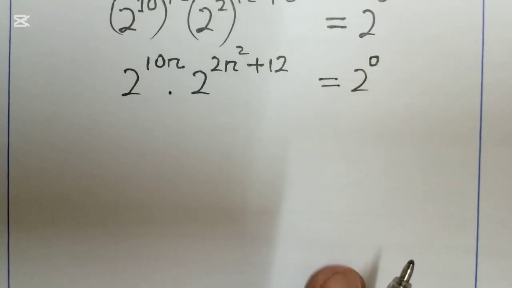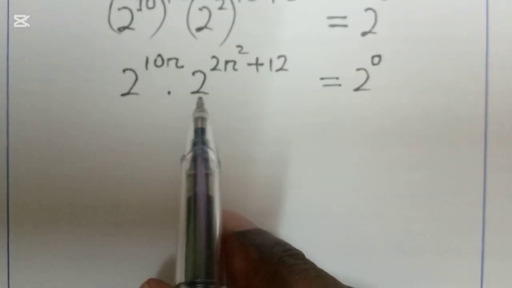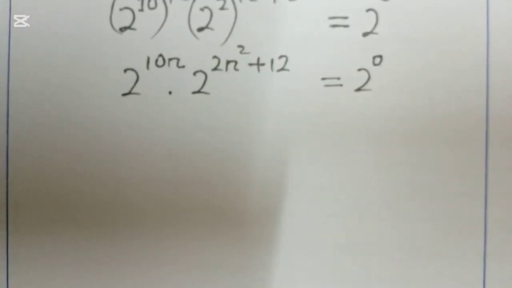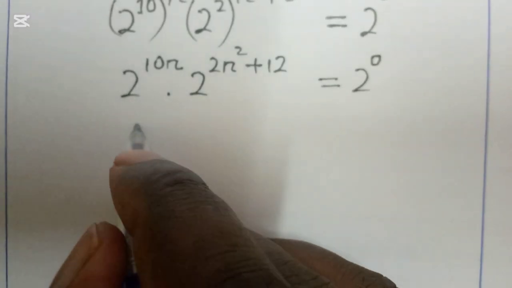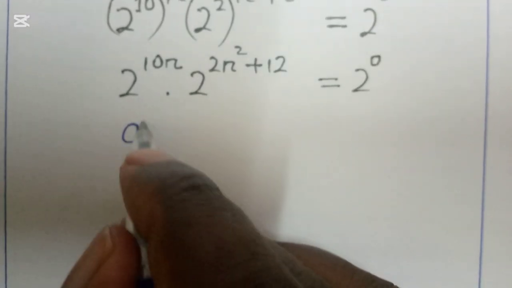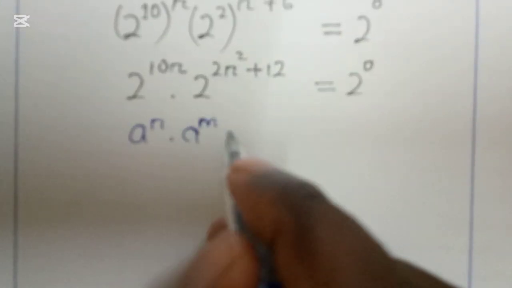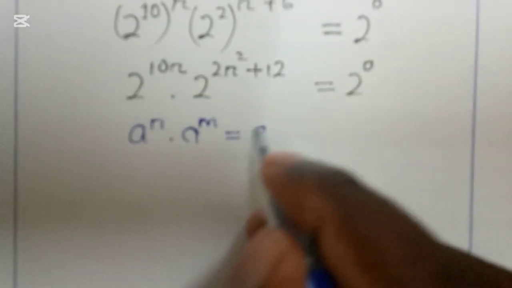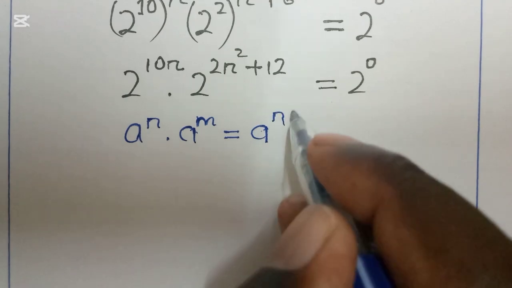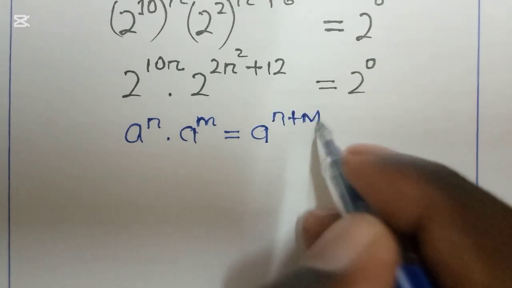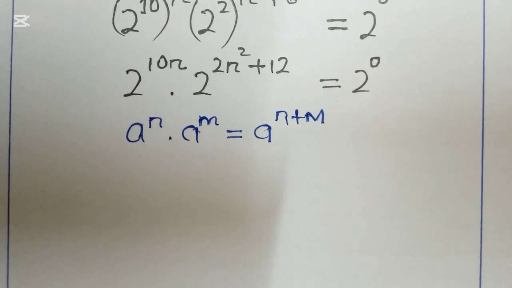Guys, again, from the laws of indices, whereby we have a raised to n multiplied by a raised to m, this gives us a raised to n plus m. And so therefore we apply that law.